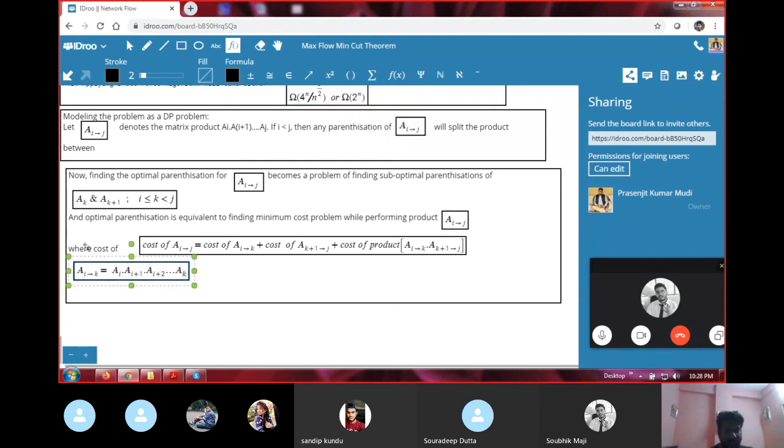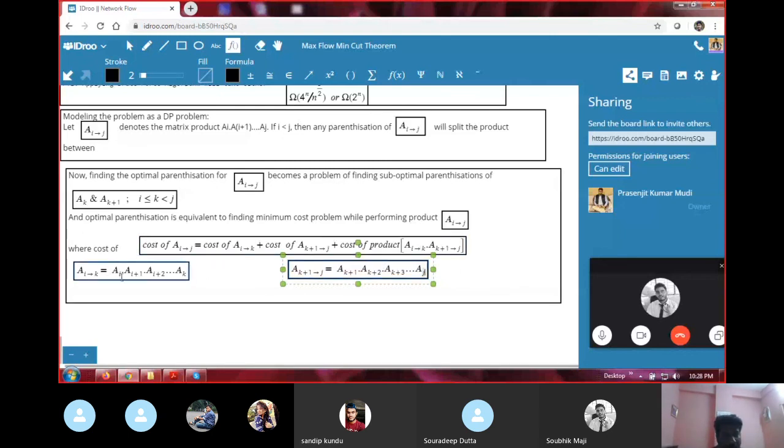This is A_ik. And what do you mean by A_k+1..j? That is A_k+1 into A_k+2 into A_k+3, and so on up to A_j. Okay, so these are the matrix product expansions.